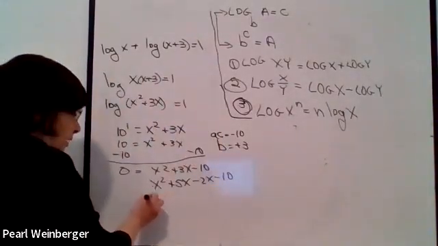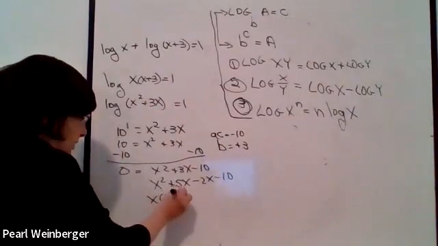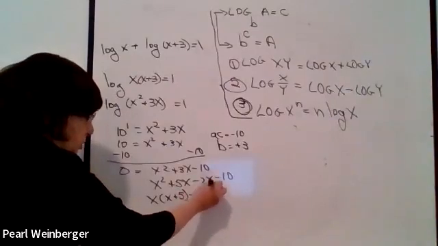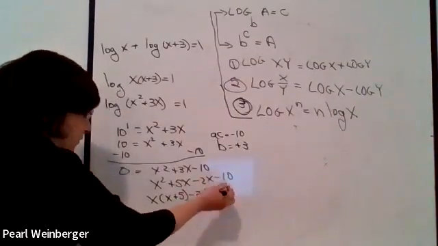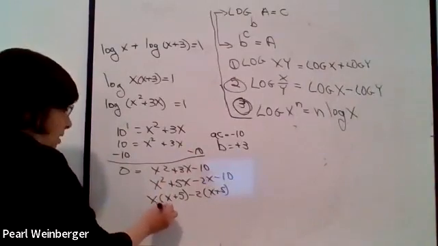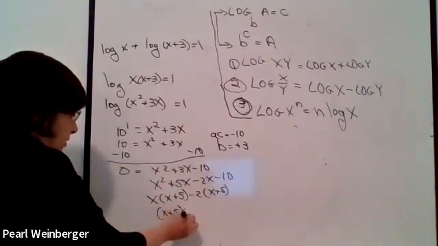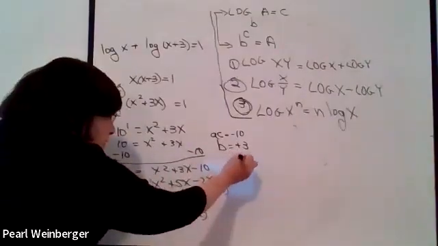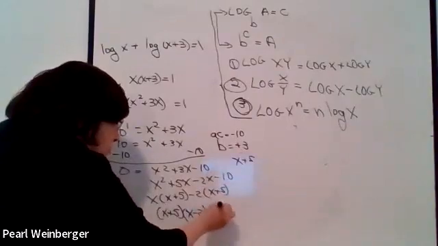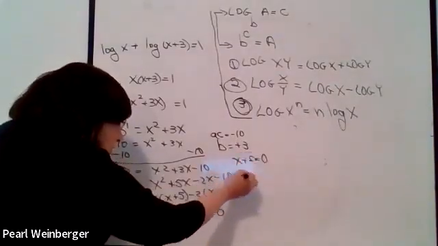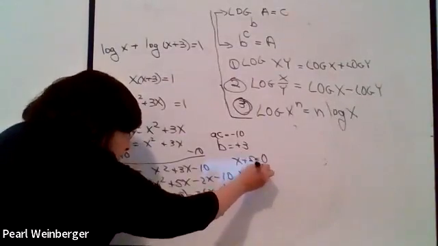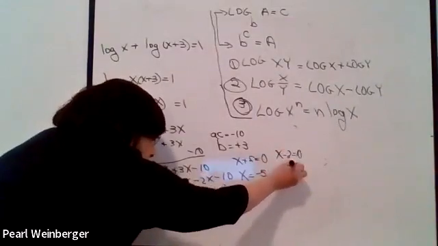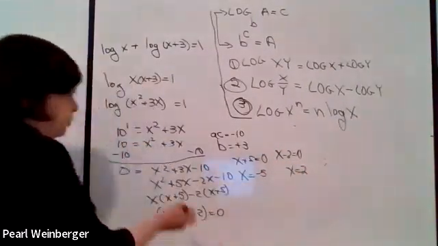And here my common factor is x, so this becomes x times x plus 5. And here my common factor is negative 2, and that also gives me an x plus 5. So I get x plus 5 in one parentheses, and in my other parentheses, I get x minus 2. Now, I set each of these equal to 0, so x plus 5 equals 0. I think everybody realizes that is negative 5, and x minus 2 equals 0 gives me x equals positive 2.